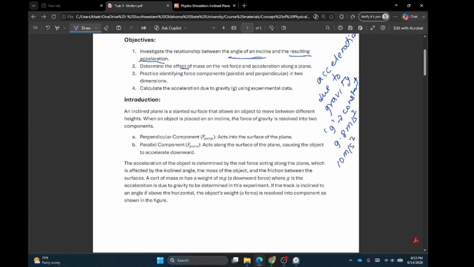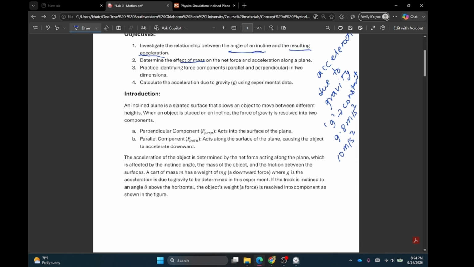So we can also tune the mass and determine the effect of mass on the net force and acceleration, and then again we can also study force resolution. We already went through the vector lab where we studied how to determine the components of a vector force.